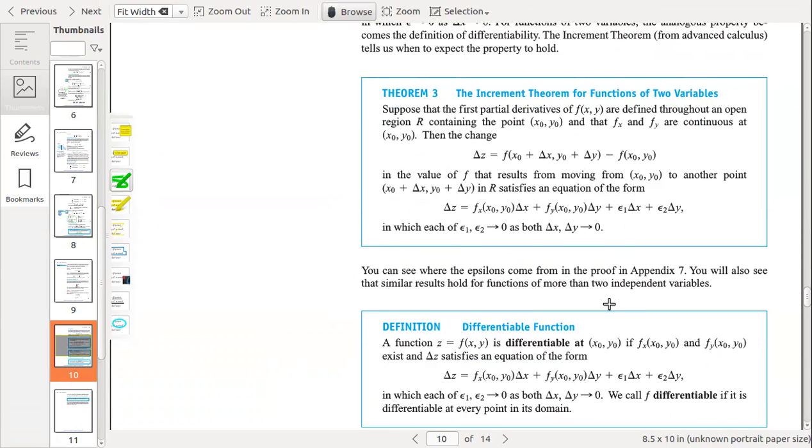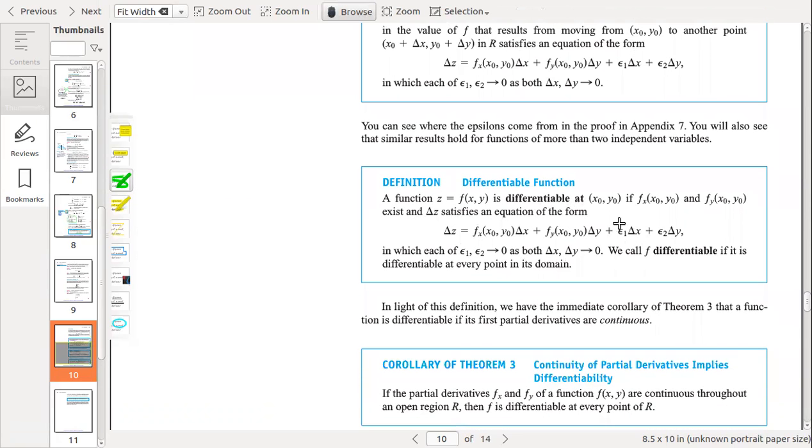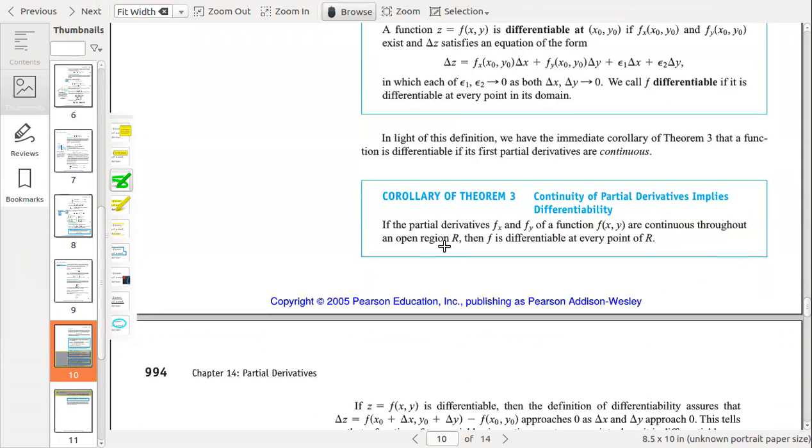Okay, so a differentiable function: a function at a point is differentiable if partial f over partial x and partial f over partial y exist and delta z satisfies an equation of the form. So we say that the function is differentiable if partial derivatives exist and the given function must satisfy the equation of the form.